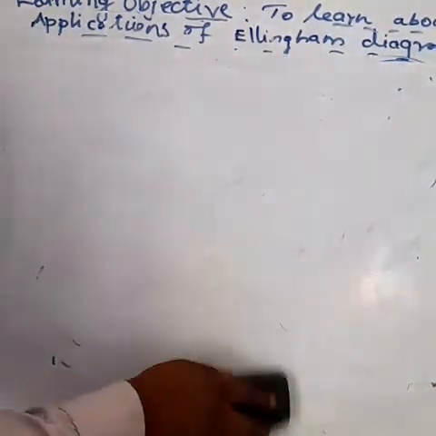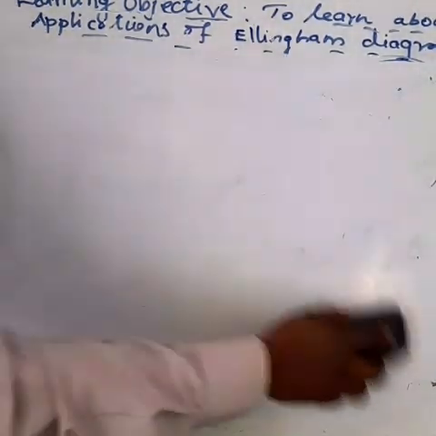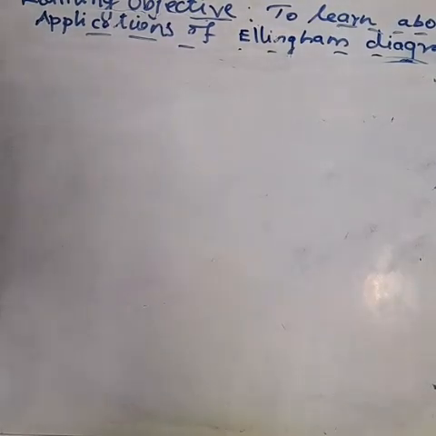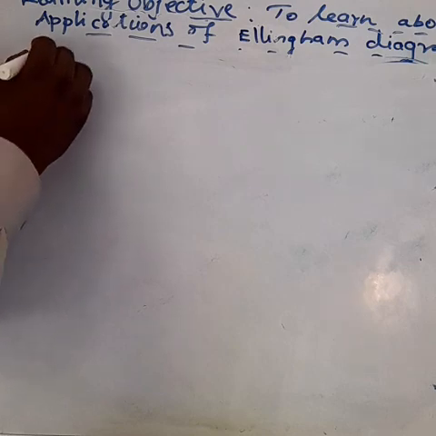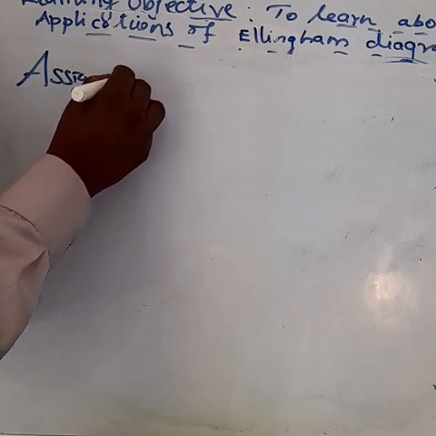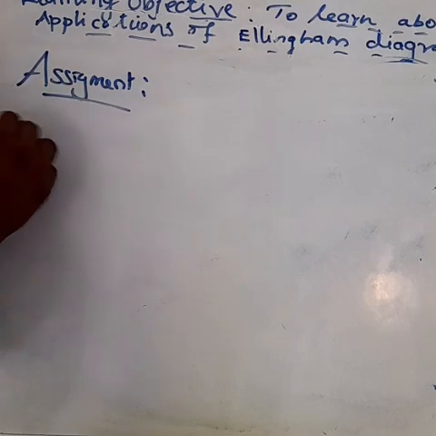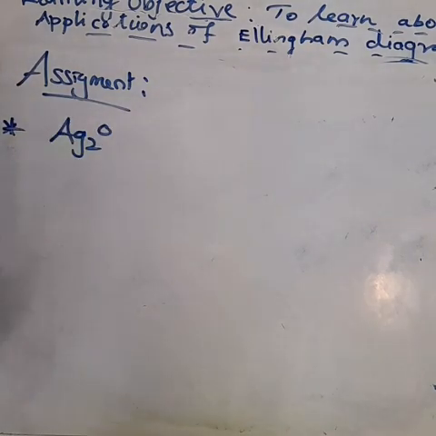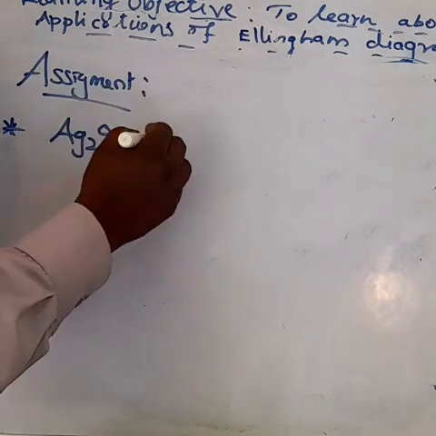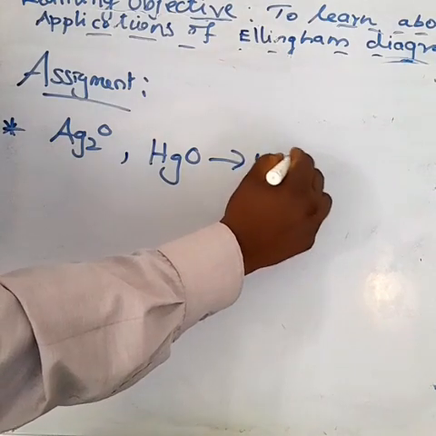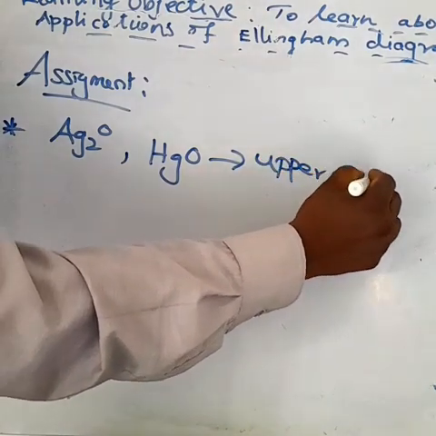What is the first application? Once again, please recall. At least you have to know any two applications thoroughly. That is enough. The first one is that the formation of silver oxide and mercury oxide lies in the upper part of the diagram.